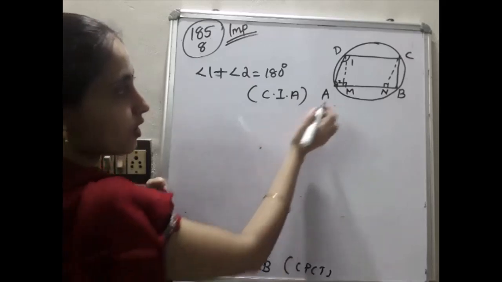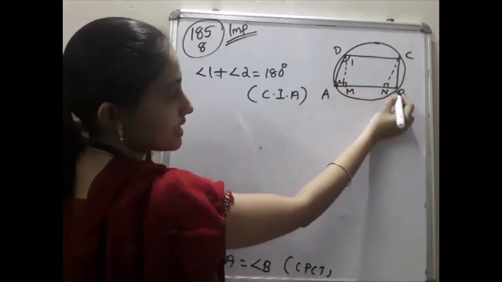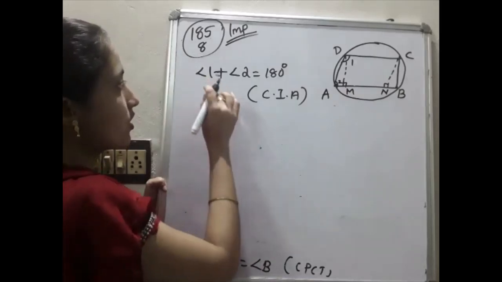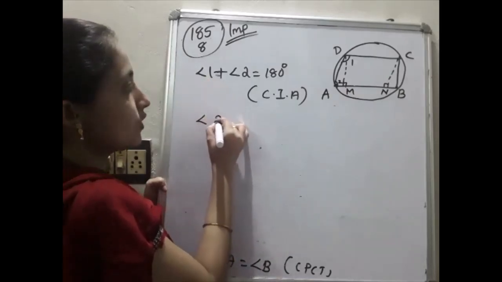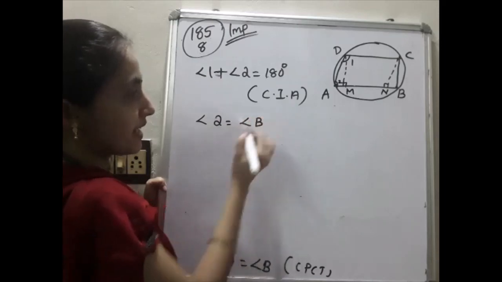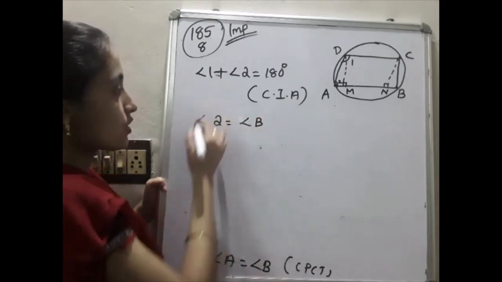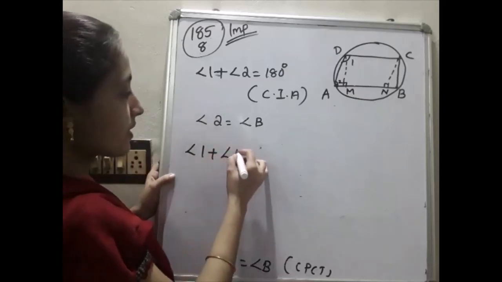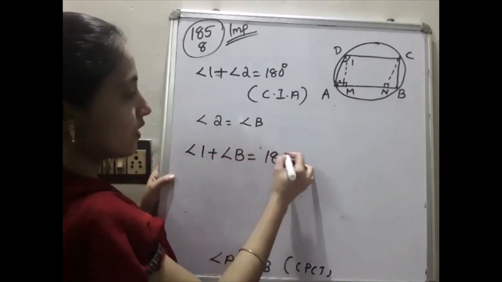And what you got is angle 2 is equal to angle B. That is given. So what can we write? Angle 1 plus angle B is equal to 180 degree.